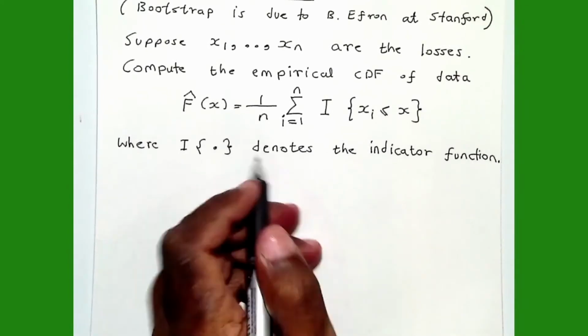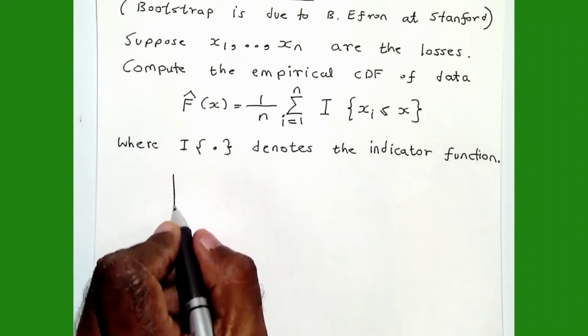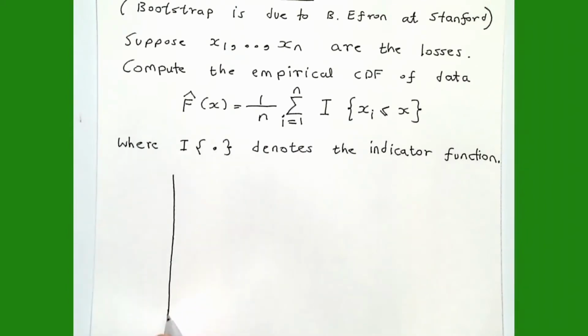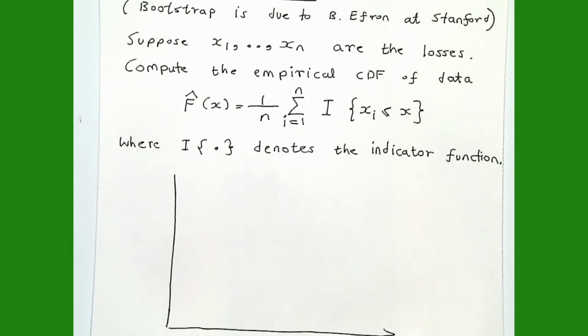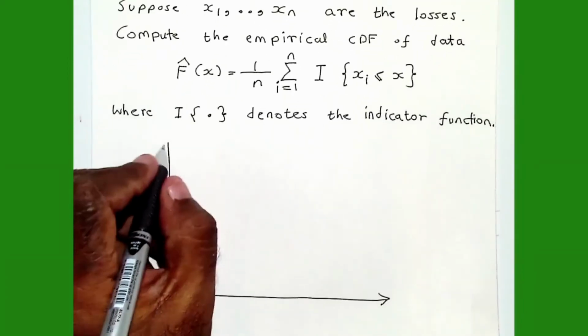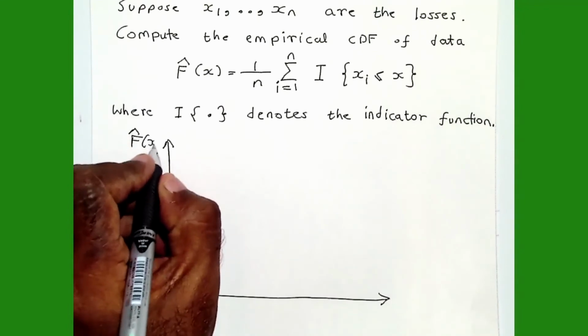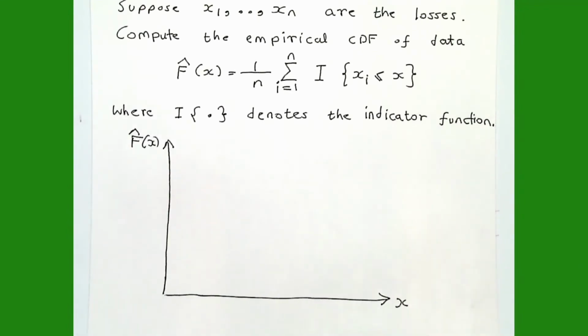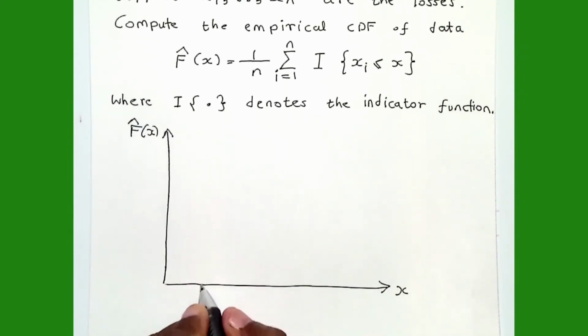Now, if you try to plot F hat of x versus x, it will look something like this. Give me some time before I draw it.